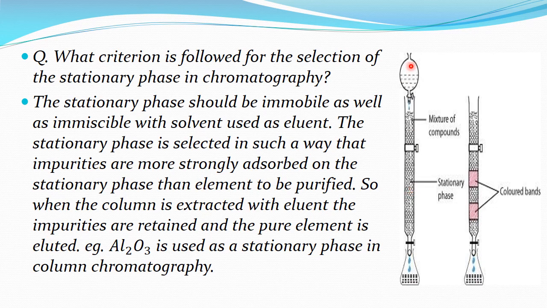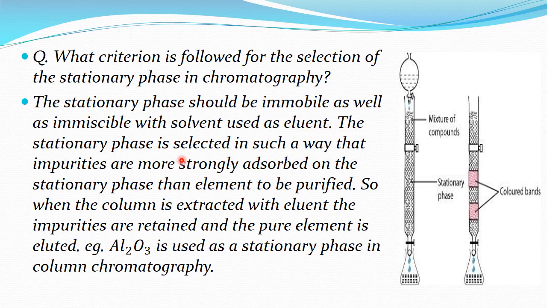When we pass the eluent, which is a chemical used for separating the adsorbed components from the column, if the stationary phase is moving, the stationary phase will mix with the eluent, and along with the eluent you will get the stationary phase in the beaker. So to restrict this, the stationary phase should be immobile as well as immiscible with the solvent used as eluent.